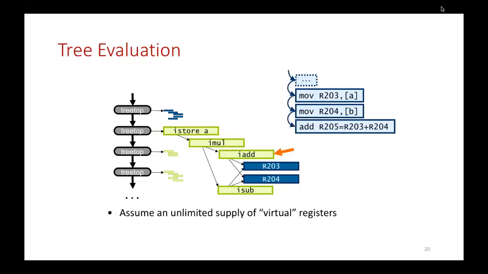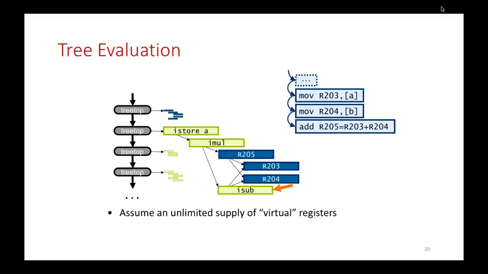Since both of its children have now been evaluated, it does the operation it's supposed to do. It inserts an add instruction that stores its result into, let's say in this case, 205, from its two evaluated children, 203 and 204. And then we keep going.